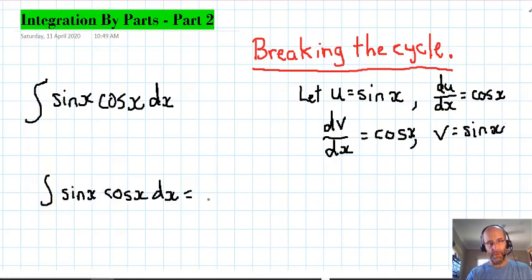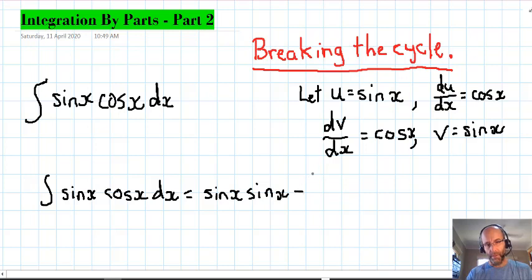So subbing that into the rule for integration by parts established in the previous video, we'd have u times v, which is sine x times sine x, minus the integral of v du dx. So we would have sine x times cos x.